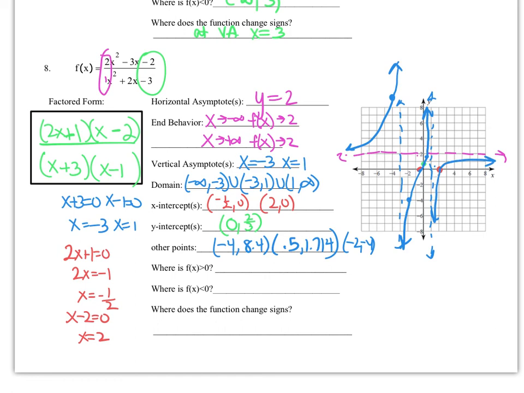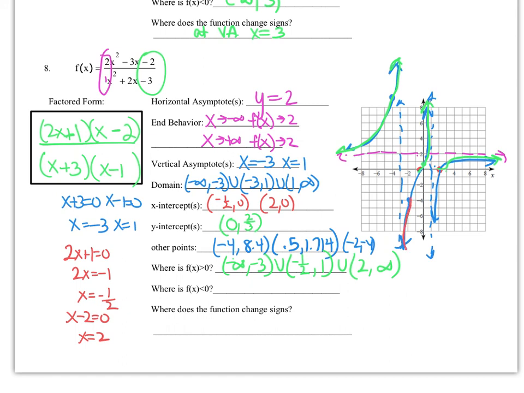Okay, so next it says, where is it greater than 0? You want to just look at all the values where it's above the x-axis. So all through here in green, through here, and then through there. So we'll say from -infinity to the vertical asymptote, then from the x-intercept to the vertical asymptote, and then from the other x-intercept through to infinity. It's above the x-axis. And then where is it below? Everywhere else.